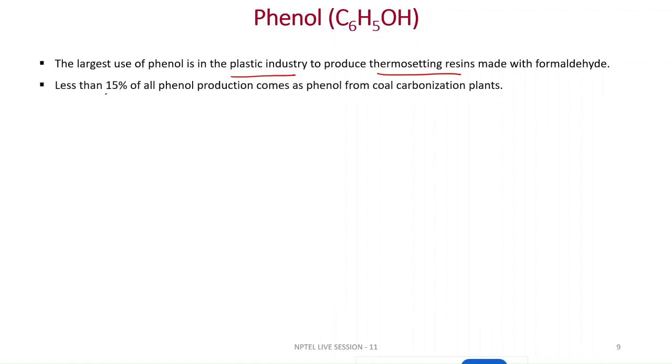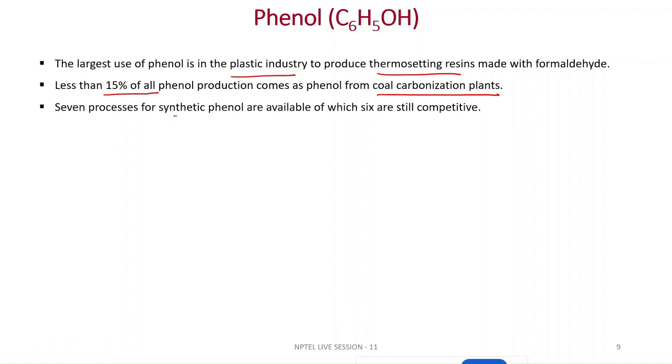Less than 15% of all phenol production comes from coal carbonization plants. There are 7 processes for synthetic phenol preparation, of which only 6 are still competitive, and the 7th is non-commercial.